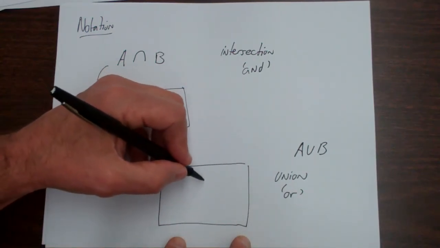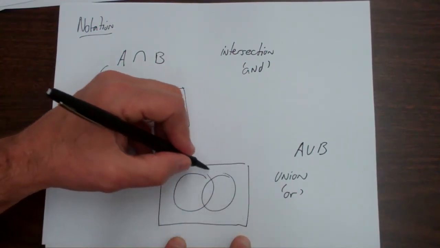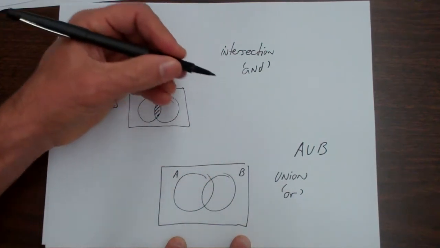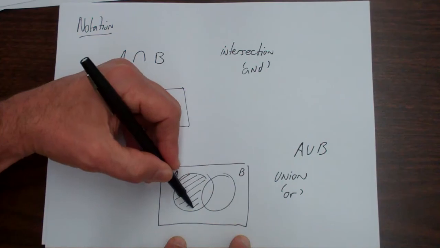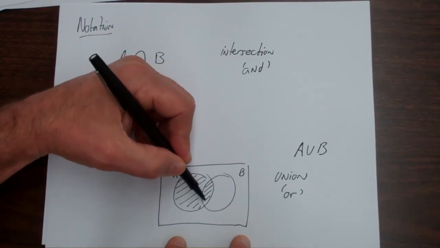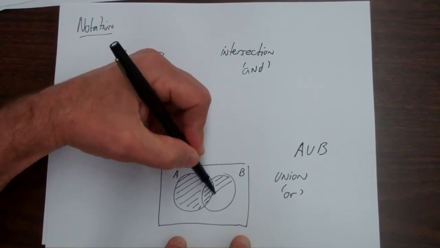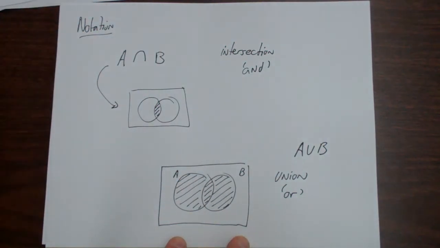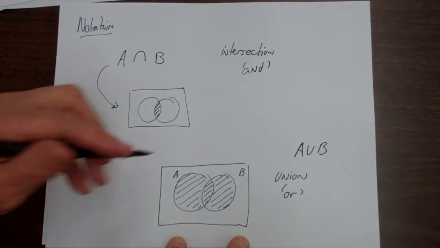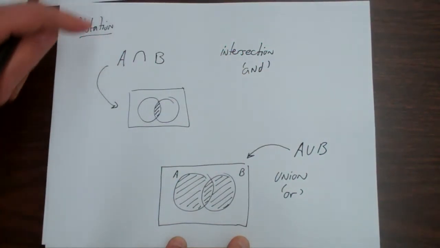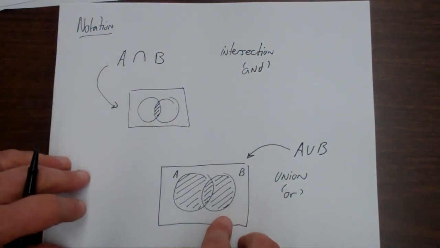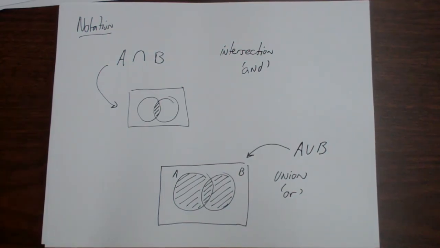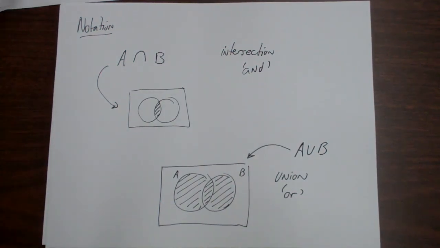Using our Venn diagram again, if this is A and this is B, the OR would include everything in A, including the part that's in A and B, and everything in B. So that's union and intersection. More introductory books often use the words and and or, and then they go to union and intersection later. So that's the first video, and in the next one we'll work on solving some problems.